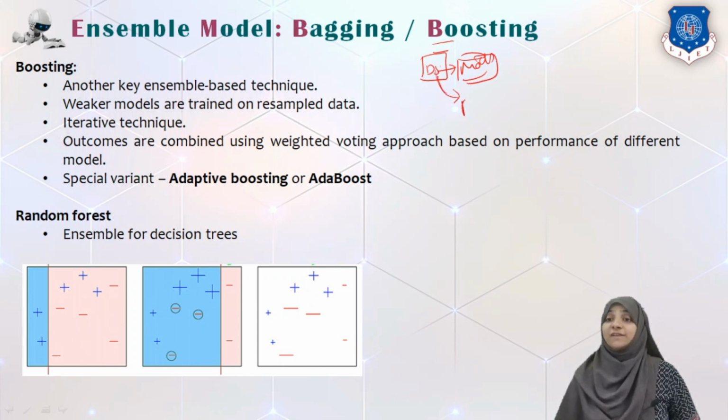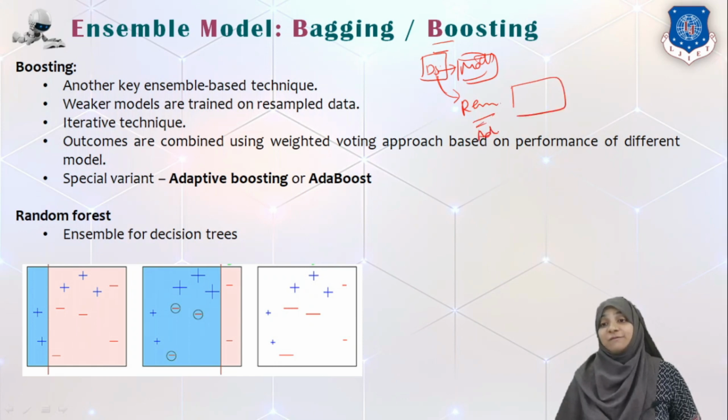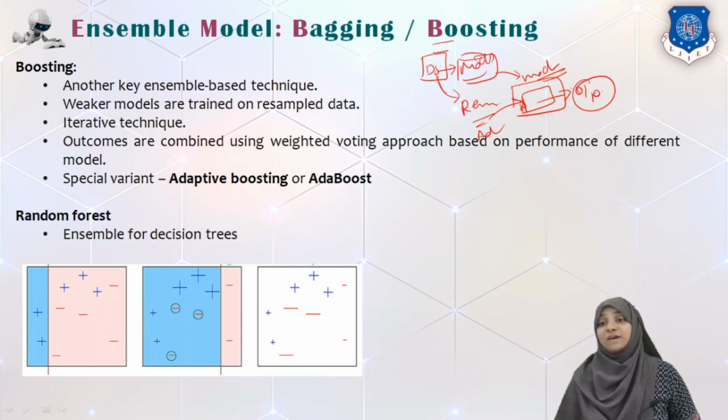Now this data set is again resampled and we are adjusting some weights of a model. So this model, where our weights are adjusted, the same resampled data is given and then its output is produced. Now using this output, we resample the data. This data is again resampled.